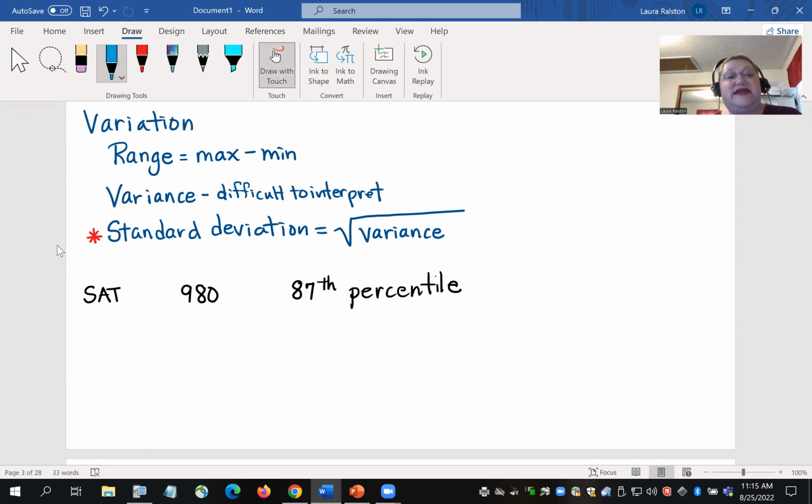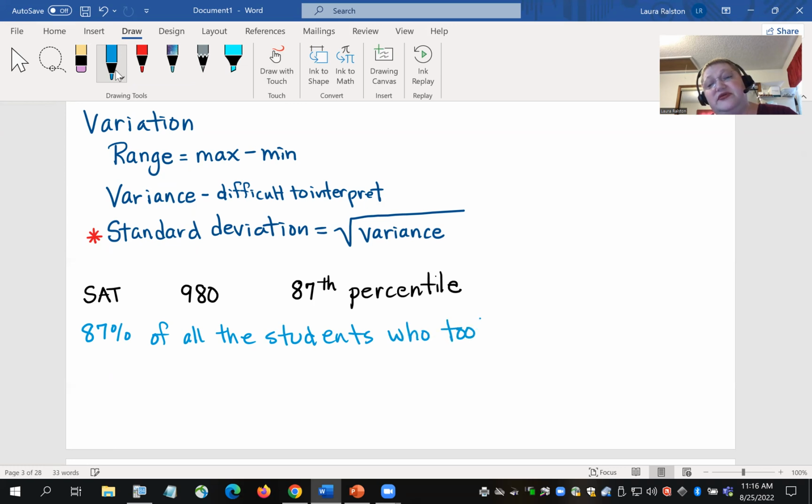Well, let me say it differently. 87% of all the students who took the SAT at the same time as Miss Ralston scored below 980.